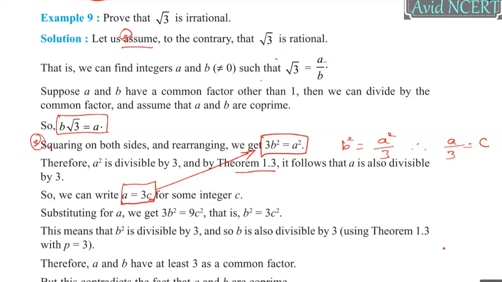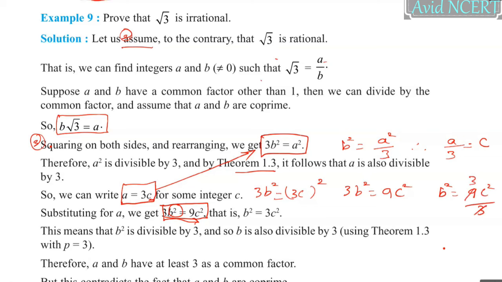So 3b square equals 3c the whole square, which means 3b square equals 9c square. So that is what we have got here. And from this, b square equals 9c square by 3. 3 cancels, so b square equals 3c square.